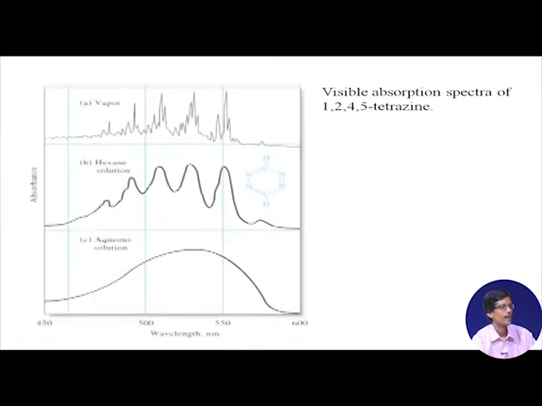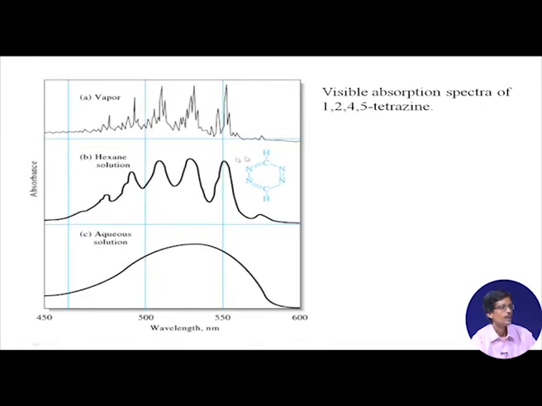Now, a particular example of a visible absorption spectrum of a particular compound. How does it look? It is a 1, 2, 4, 5 tetrazine compound. That compound we can analyze by using this spectroscopic technique. This is the corresponding tetrazine compound, which is very similar to your benzene ring.